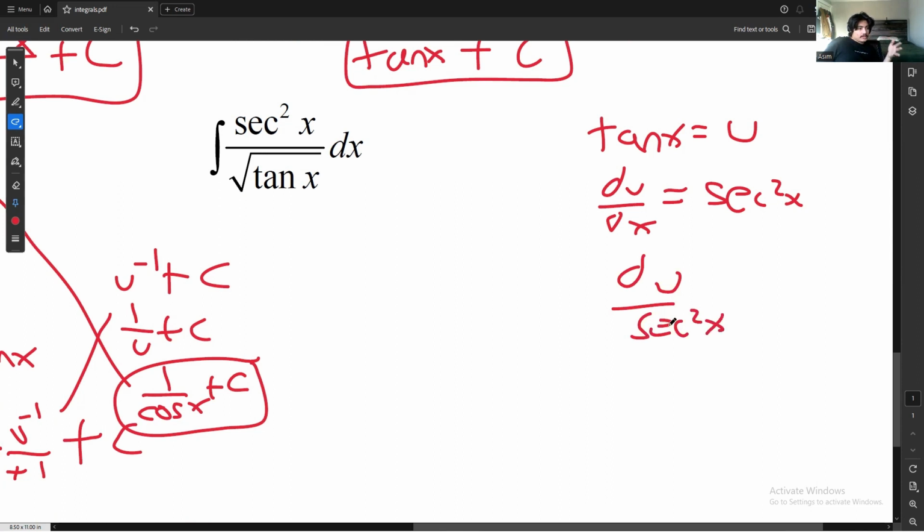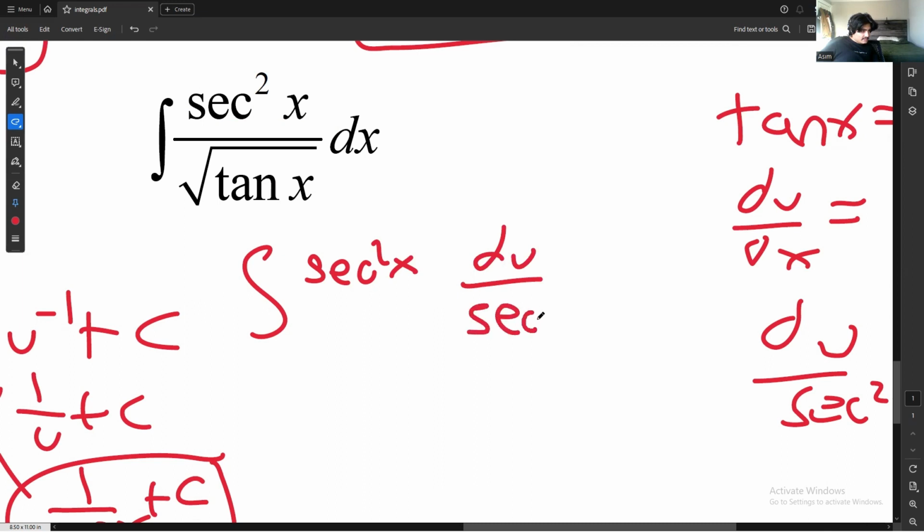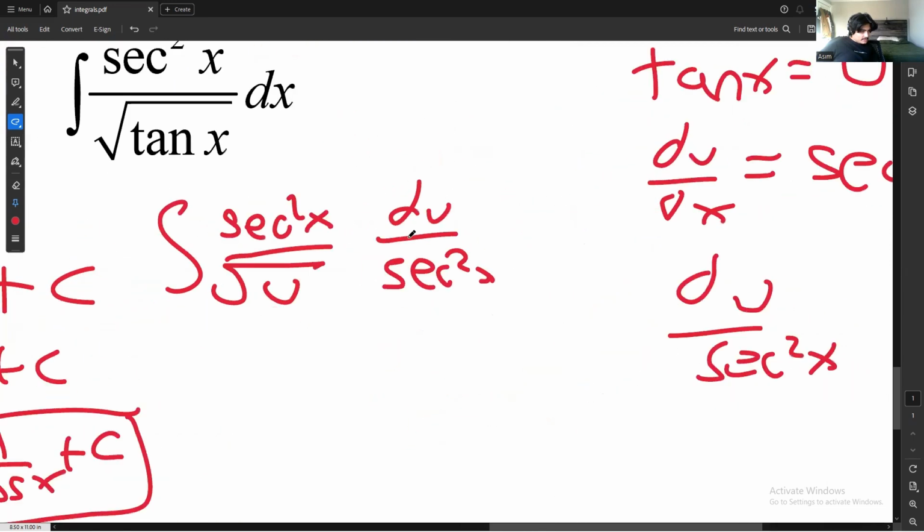So some of you might already see that we're going to cancel out those secant squares. Let me just explain it to you. Integrate secant square x du over secant square x, divided by radical u, because my tangent was my u.